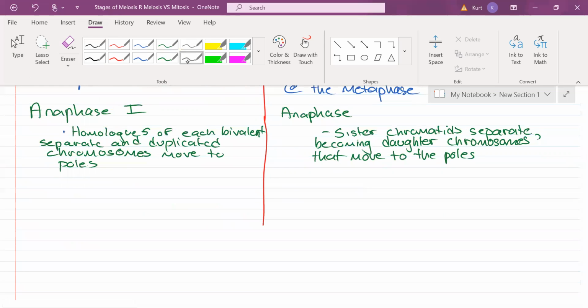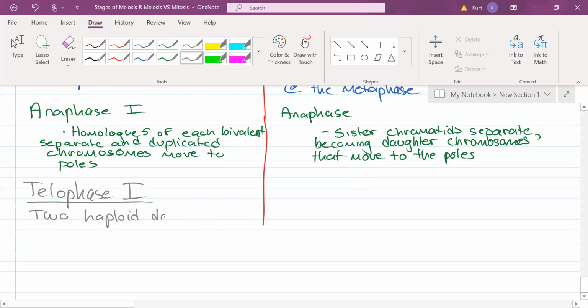And then lastly, we have telophase 1. Two haploid daughter cells not identical to the parent cell are formed.